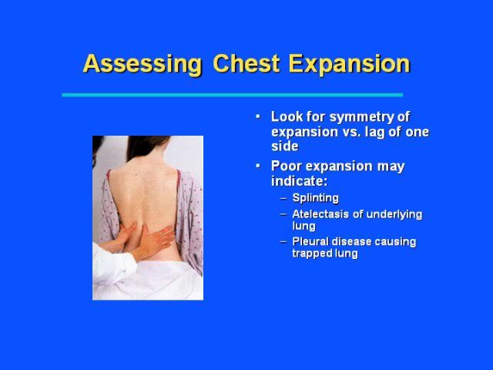But nonetheless, this is the technique in which you place your hands somewhat below the scapula here, and you place them symmetrically with your thumbs in the midline, sort of along each side of the spine, and your fingers splayed out so that you're sort of gently circling the lower part of the chest.